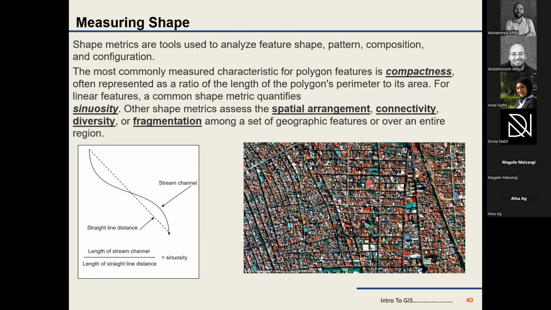we see the level of compactness of the urban fabric and the irregularity of the different urban plots that we have. We can induce some form of measure of how good the urban fabric is. Is it well connected?